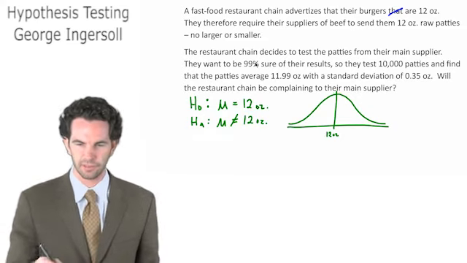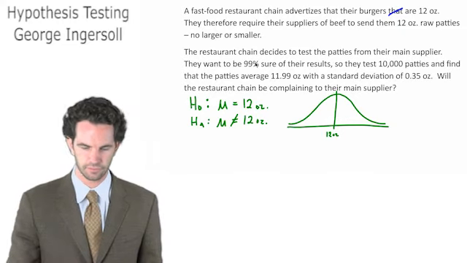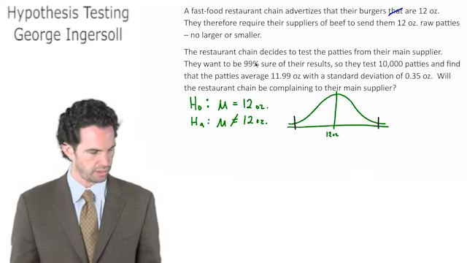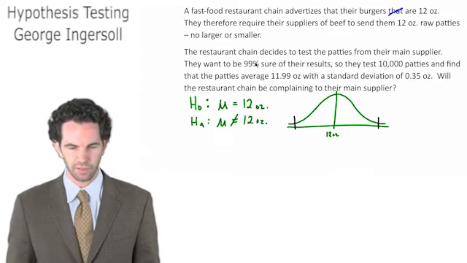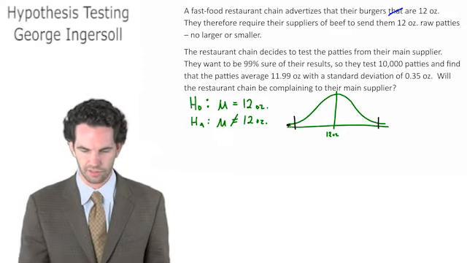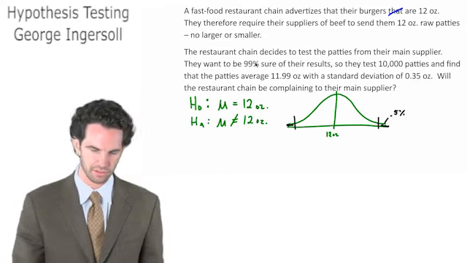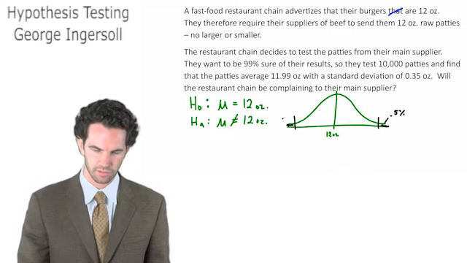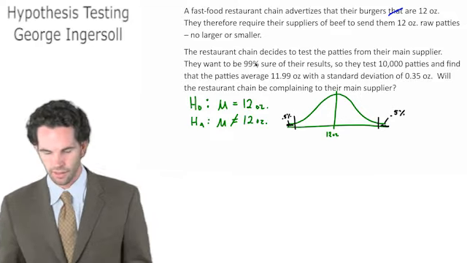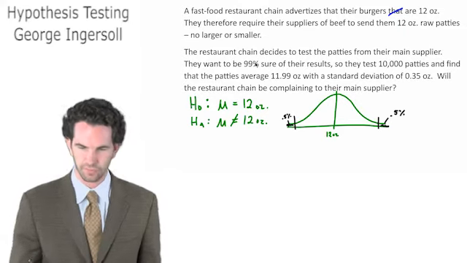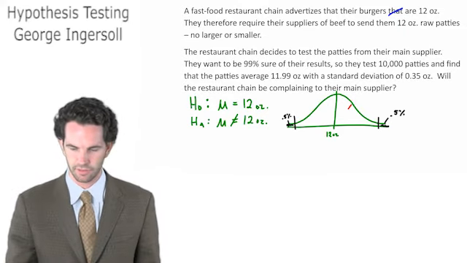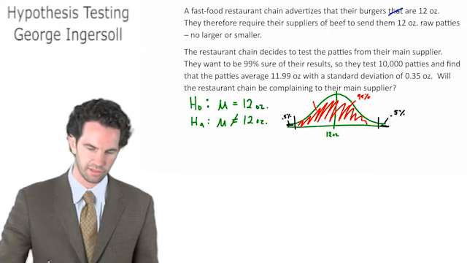Since we're going to be 99% confident, these values out here are going to be 0.5%. And all of this part in the middle, 99%, this is the don't reject area, right?